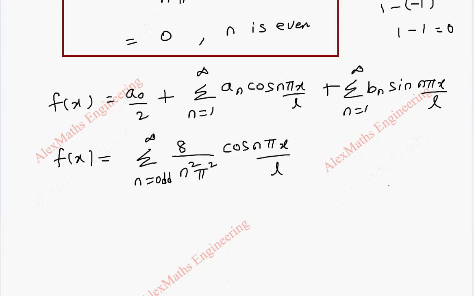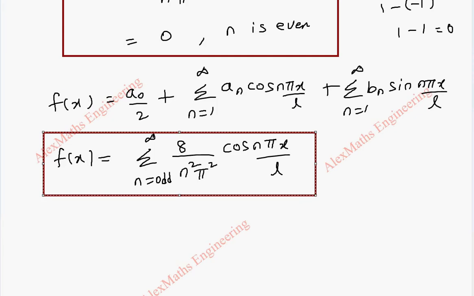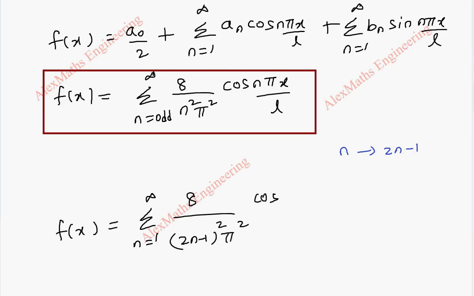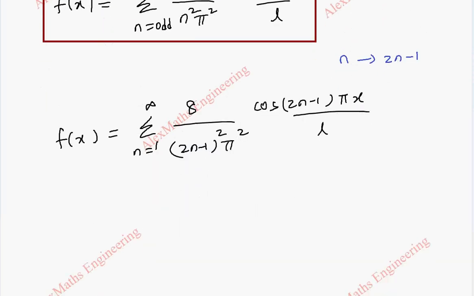Now to convert from the odd to all the numbers of n, we can replace n as 2n minus 1. So the entire expression changes to f of x equal to summation n is equal to 1 to infinity 8 by 2n minus 1 whole square into pi square, then cos 2n minus 1 into pi x by L. So we can take the constants outside.